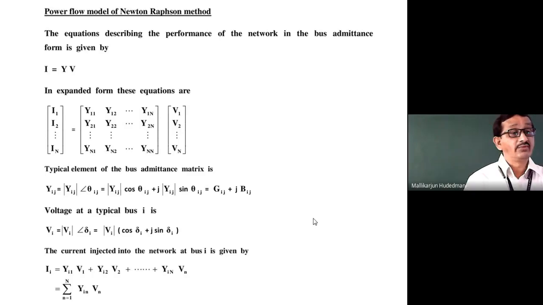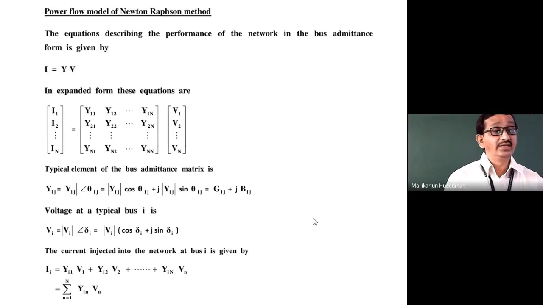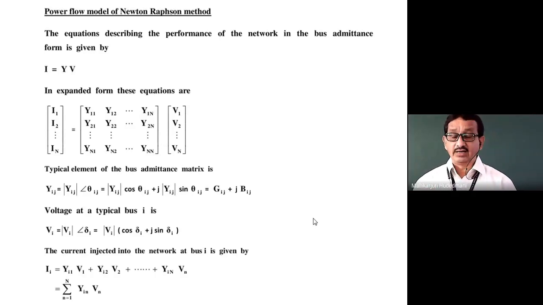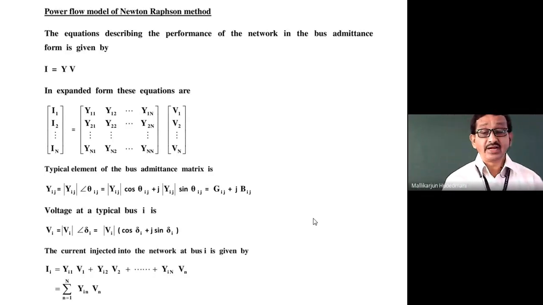So Y11, Y22, up to YNN represent the diagonal elements of the particular system, and the other notations Y12, Y1N, Y21, YN1, etc. are off-diagonal elements, which are truly the negative of the admittance of that particular connectivity, and the diagonals are the sum of the admittances of the elements radiating from the respective bus to the rest of the buses, which we learned. So this is nothing but just a prerequisite you should recall.